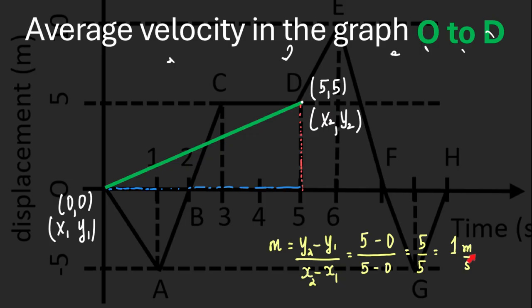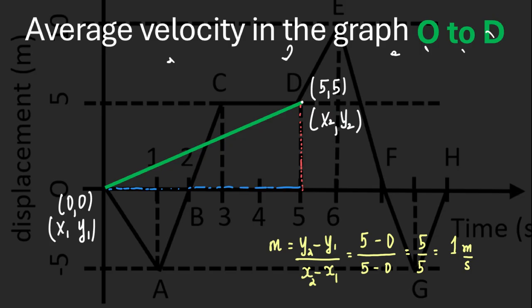Therefore, 5 by 5 is equal to 1. Oh, my bad. We can't say it's OD because there's no path OD. So we can say that between the time duration when the object was from O and D, the average velocity was 1 meter per second.